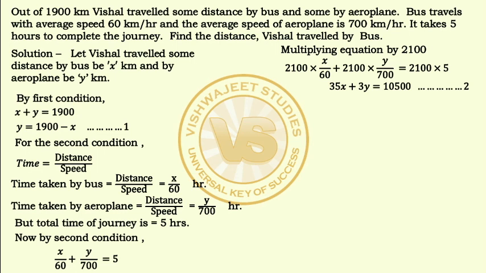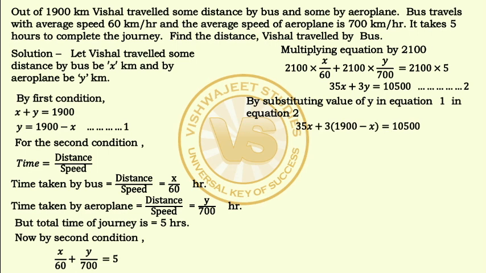By substituting the value of y from equation 1 in equation number 2, instead of y, substitute 1900 minus x. In equation 2, we get 35x plus 3 into the bracket 1900 minus x bracket complete is equal to 10,500. Do multiplication first.